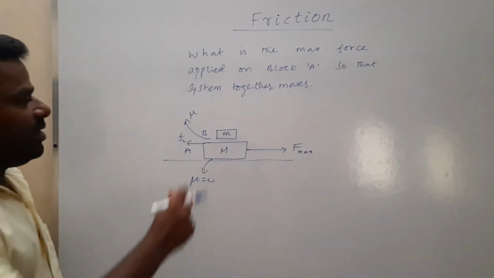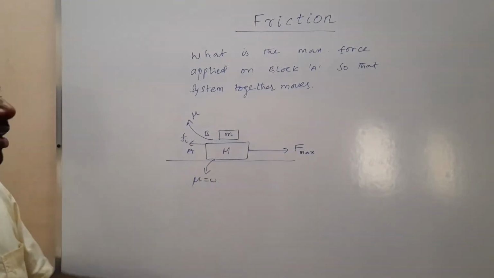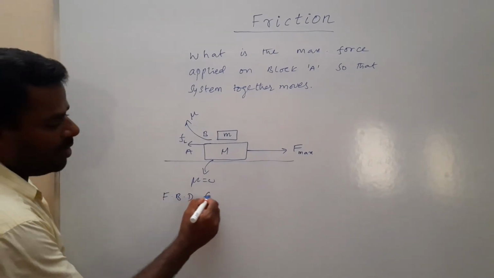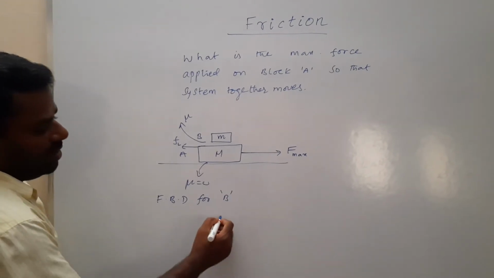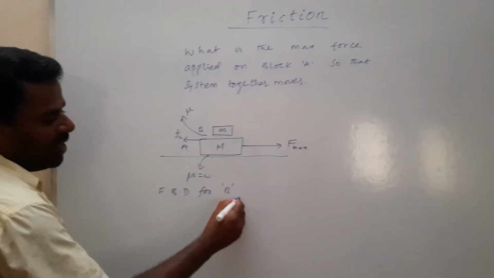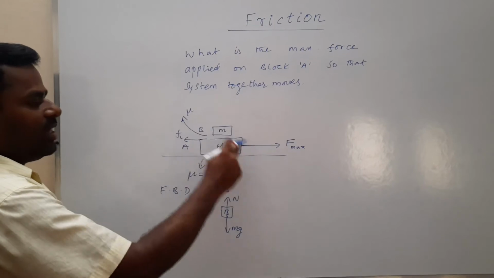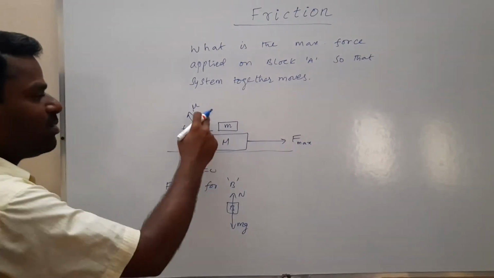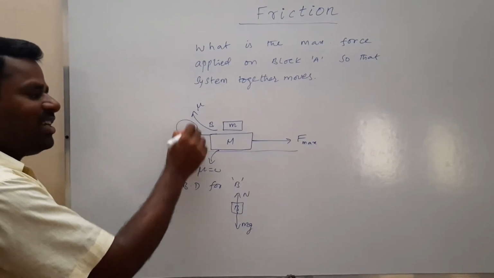Next, we take the free body diagram, FBD, for block B and block A. If you take the FBD for B, normal reaction N will be acting, mg force will be acting, and one more thing: as we apply the maximum force on block A, block B exerts a frictional force on block A, which is taken as the action.